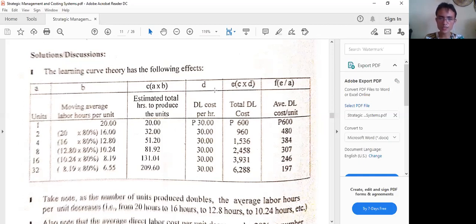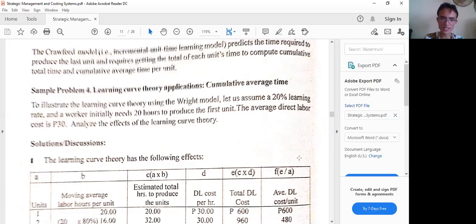Direct labor cost, this is a variable cost, is constant per hour regardless of the activities. And the total direct labor cost would also, of course, increase as a whole. And then the average direct labor cost per unit, we can notice that it decreased.